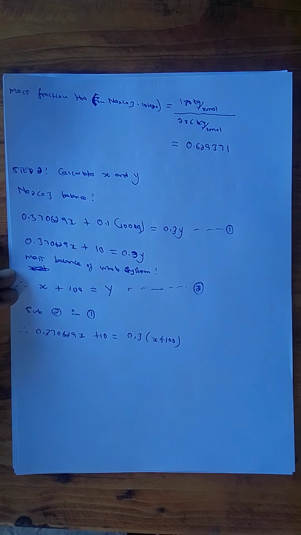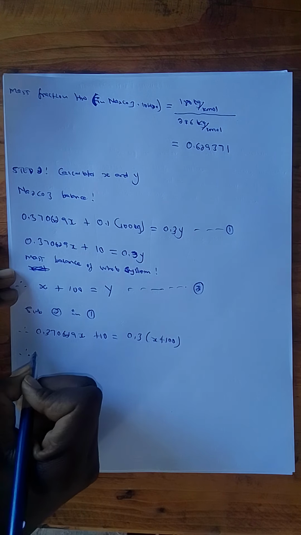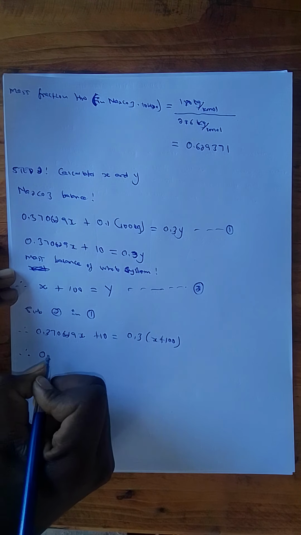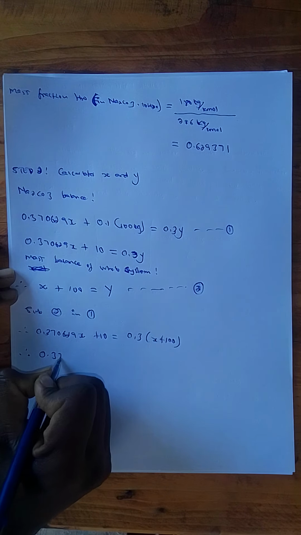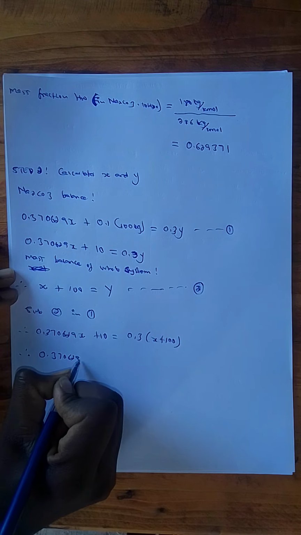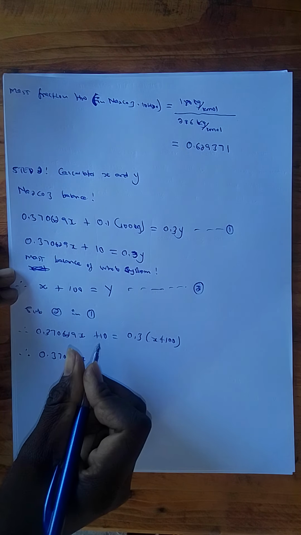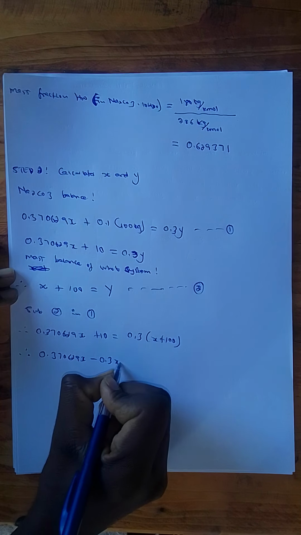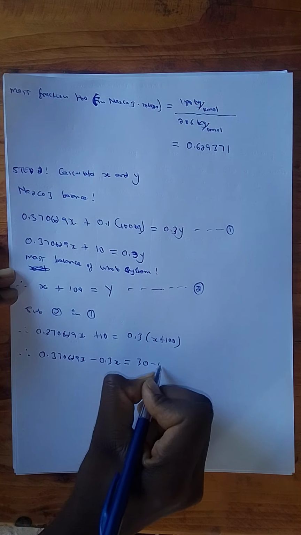So that's how it goes. And if you simplify everything else, you can reach 0.37062x minus 0.3x equals 30 minus 10.